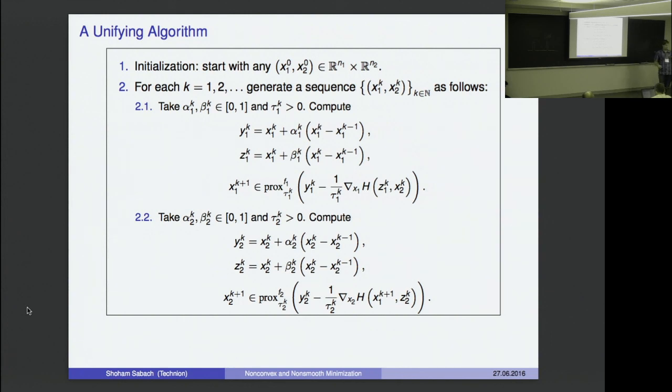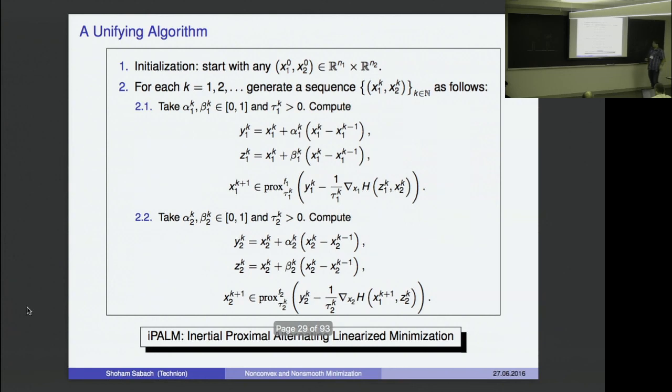In this algorithm, we also added two intermediate sequences, y and z. As you can see, both sequences depend on parameters alpha and beta. But, as I will explain soon, we can choose different settings of parameters, and then you will get different algorithms, some of them well known. We call the algorithm iPALM.